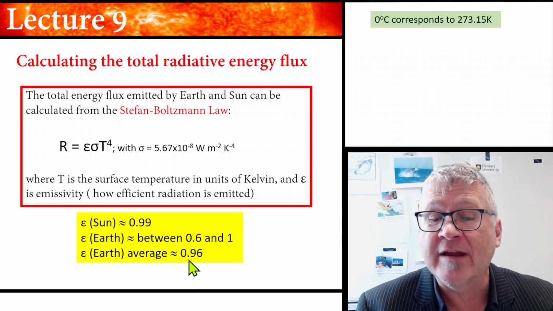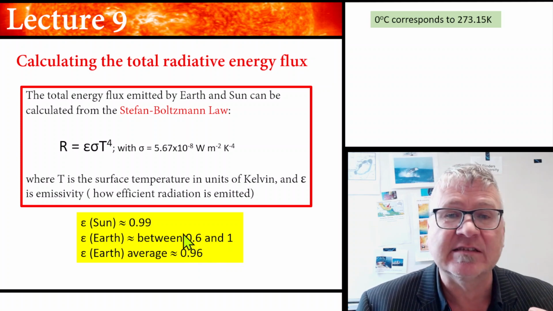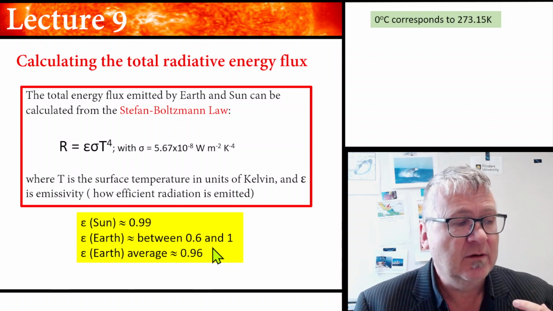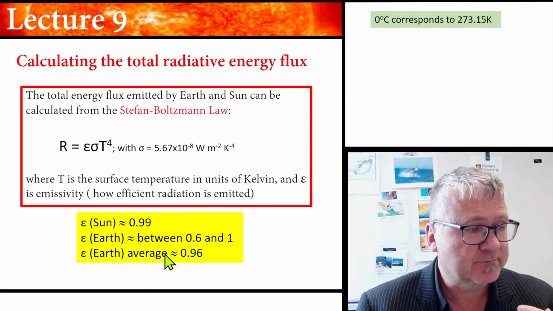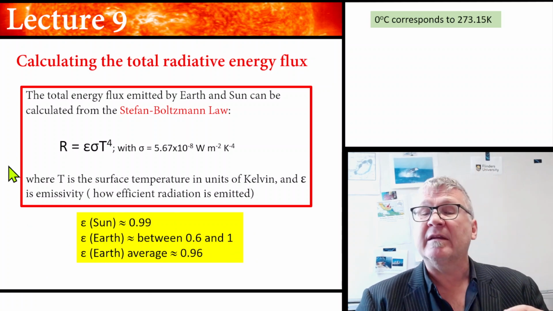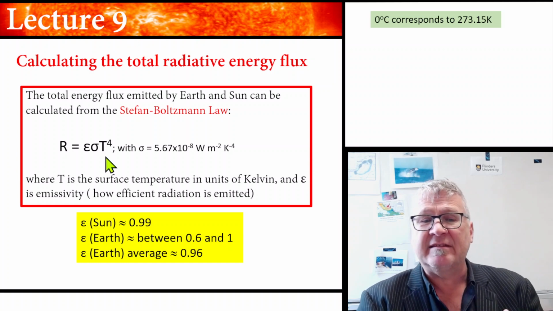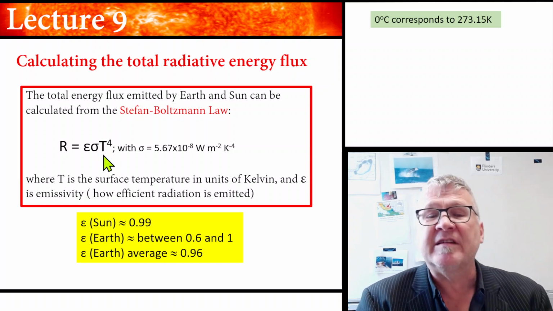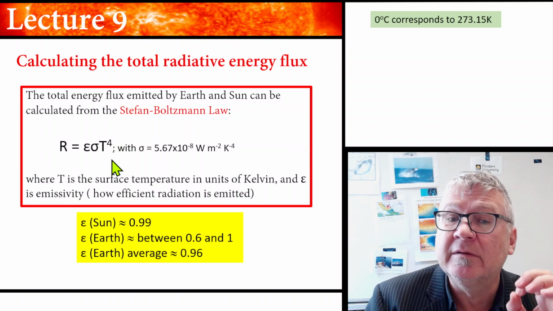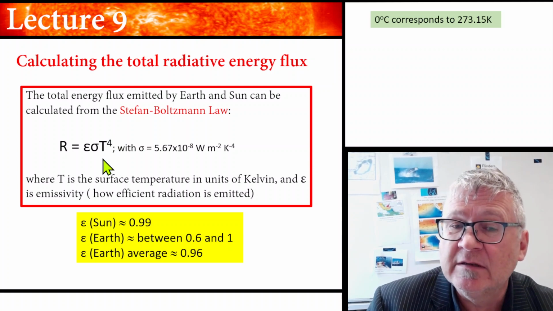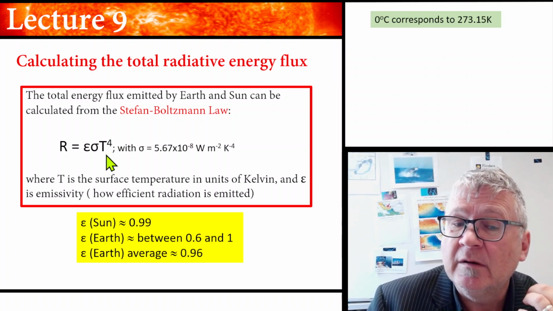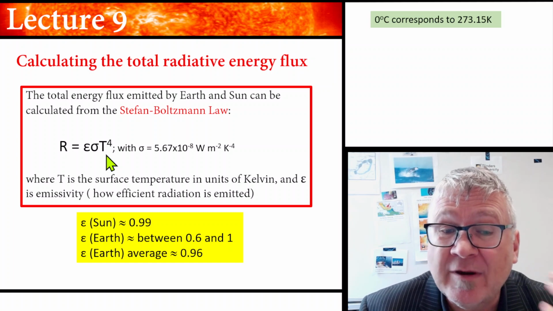For the Earth, on average, it is 0.96. And we use this value in the following. Okay? So now you can calculate it. You can see that the surface temperature controls this terrestrial radiation.